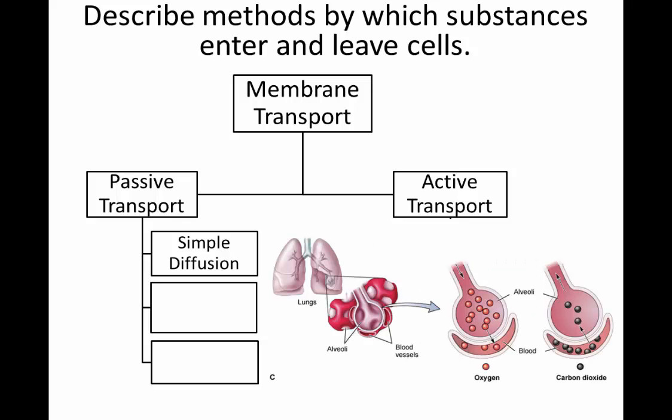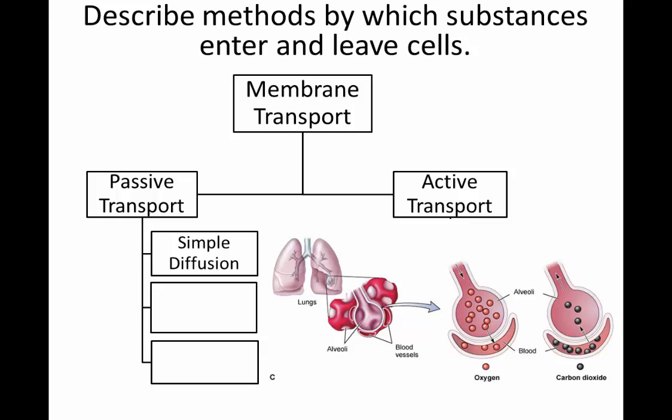An example more related to anatomy would be that of the lungs and the movement of oxygen in and out of the lungs and carbon dioxide in and out of the lungs into blood vessels. So when you take a breath in, you have a large amount of oxygen within the alveoli, within the lungs, and you have lots of blood vessels surrounding the alveoli of the lungs.